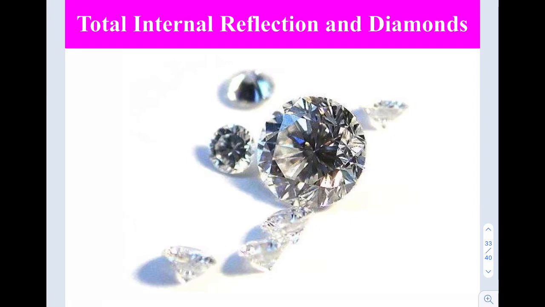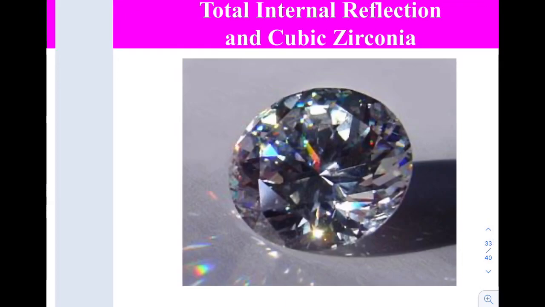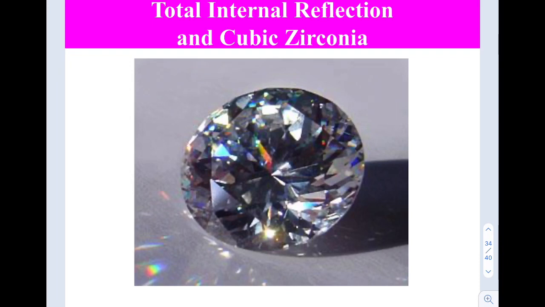So we see the diamond glowing, so beautiful. Another application, we also can have total internal reflection within cubic zirconia. Total internal reflection happens, and that is how we see the material so nice, so beautiful, because the ray is captured within the material.